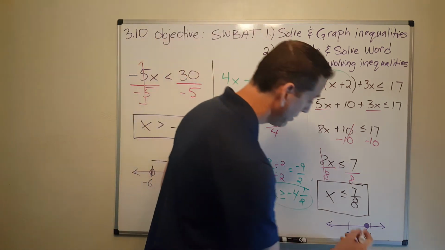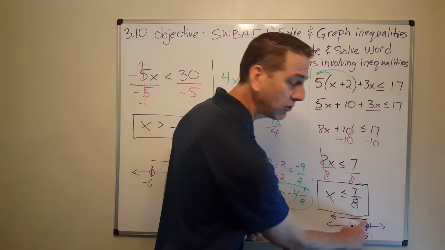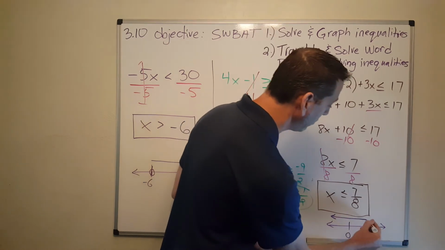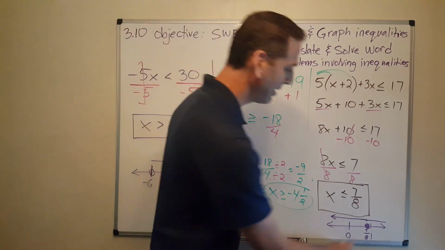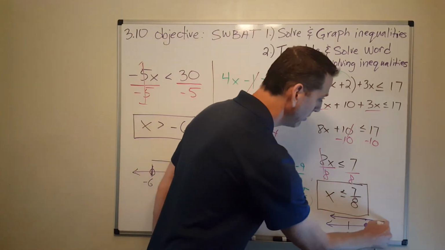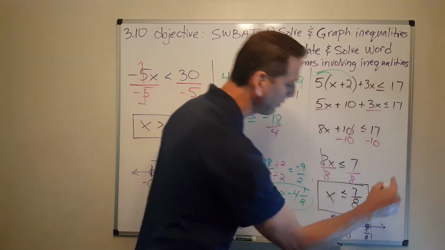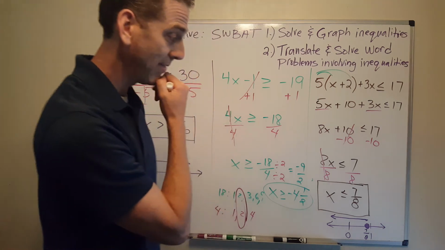Left. All right, so I start right there. And by the way, start your arrow right there. Sometimes I get students, they'll just go like that. And you don't want to do that because that shows that all this stuff over here is part of the solution. Now, the solution set starts at 7/8, and anything less than that.